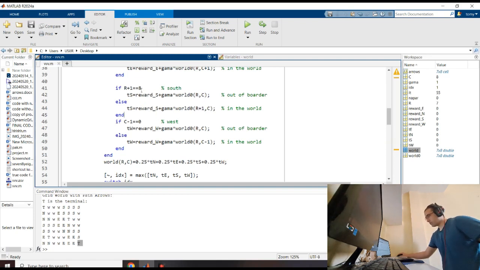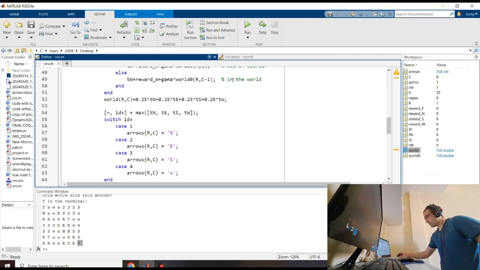So it is getting fixed by each other. Here are the same codes. And what is this code? We are creating the world matrix here.